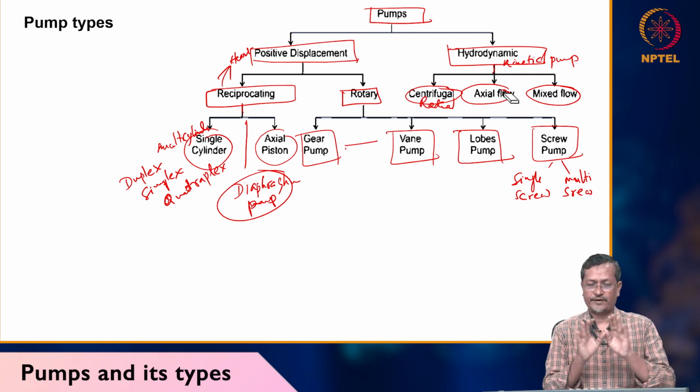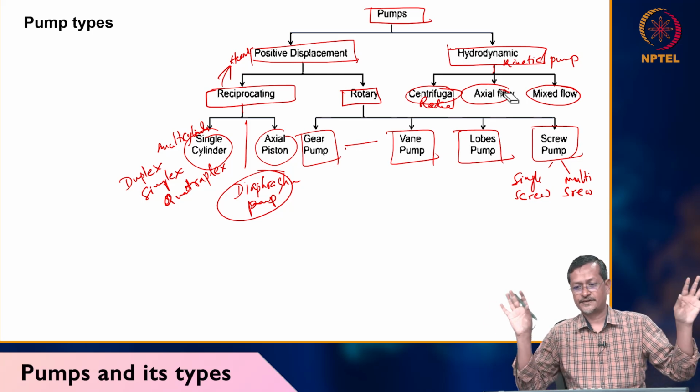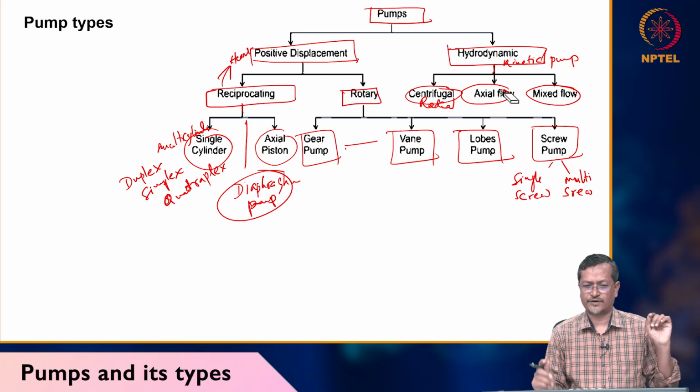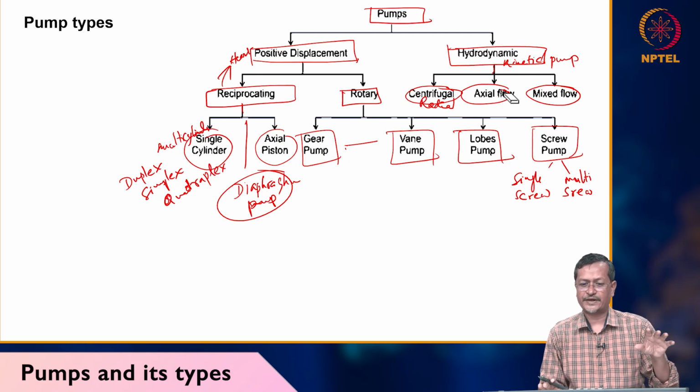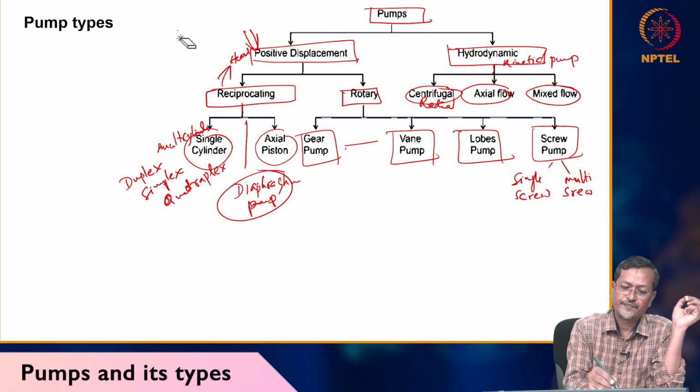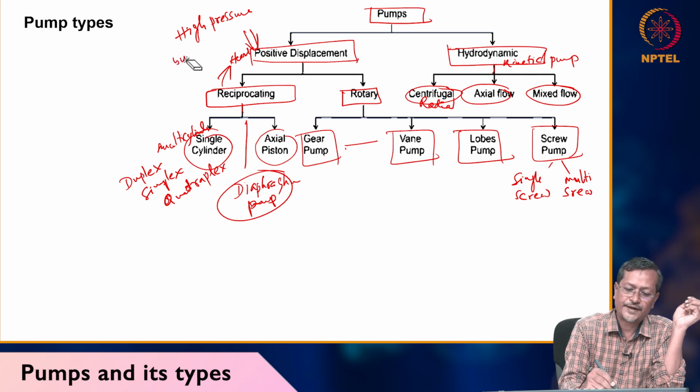So pumps have basically two types: positive displacement, and centrifugal or kinetic type pump, which is basically the centrifugal pump. A positive displacement pump can develop very high pressure, but the flow rate is low. High pressure, flow rate is low.